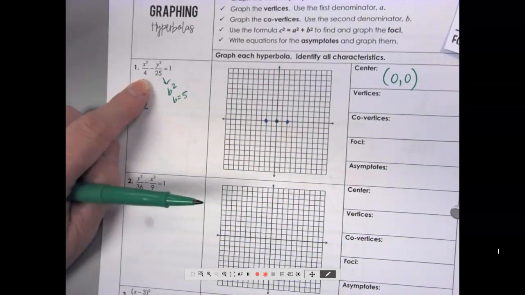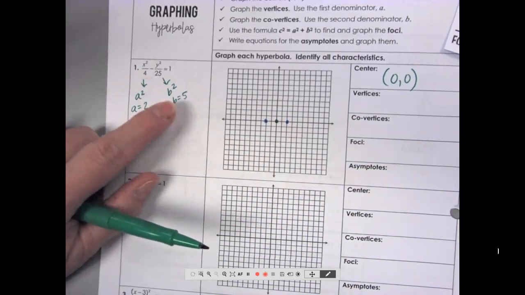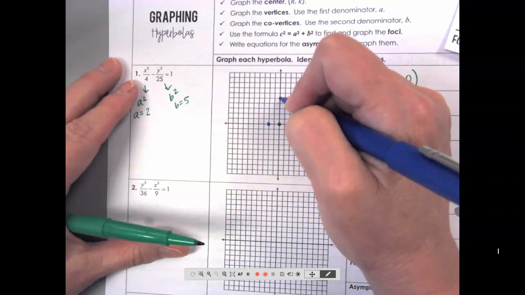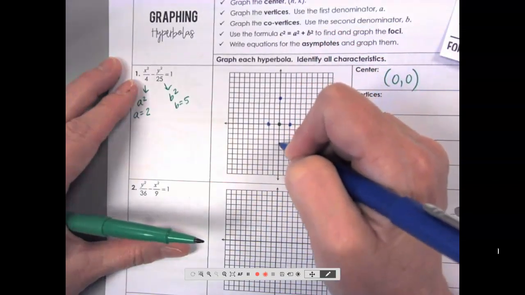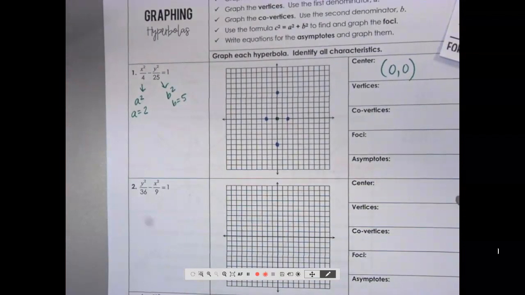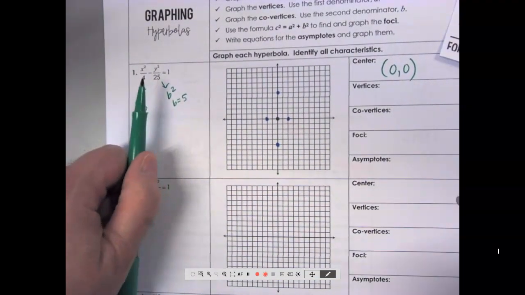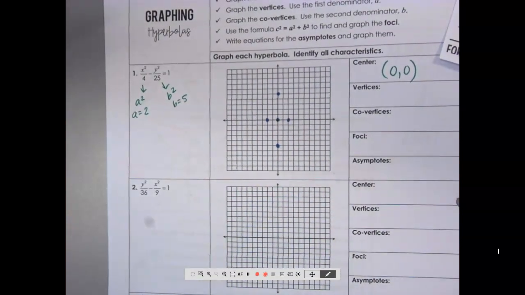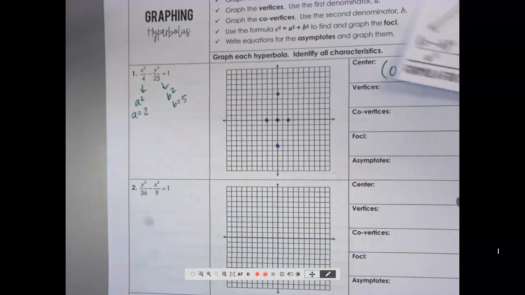Y-axis goes up and down. Square root of 25 is 5. So I'm going up 5 and down 5 from the center. That's no different than the ellipse, right? If this had a plus in between it, I would connect it. That would be my ellipse. But it's a minus, so it's not an ellipse.